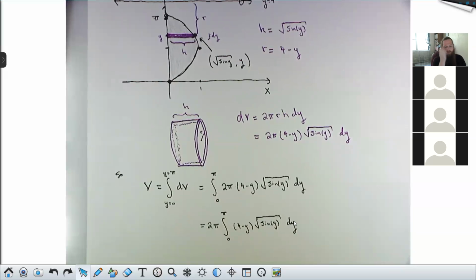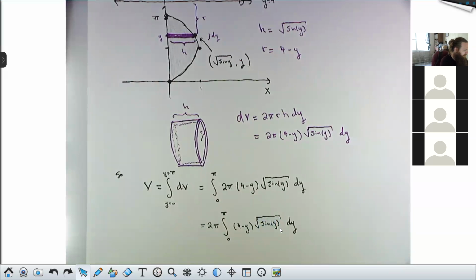And then the exponent, oh no, it'd just be 3 over 2. No, so the sine of y would be raised to the 1/2. So y to the 1 times sine of y all to the 1/2. You can't combine those powers.